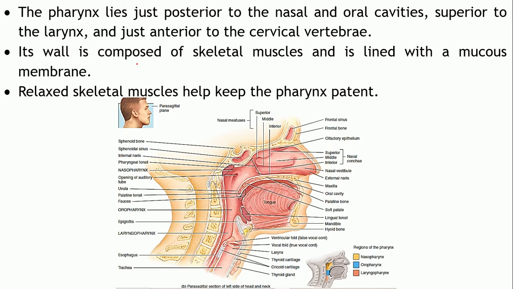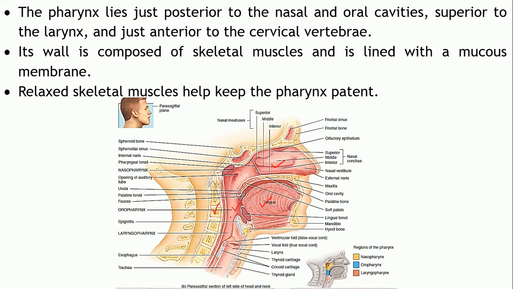As you can see, the location of the pharynx is just posterior to the nasal cavity and the oral cavities, and it lies superior to the larynx. So it's just above the larynx, which is the next part of the respiratory system, and anterior to the cervical vertebrae. These are your cervical vertebrae. So just anterior to that lies the pharynx. So that's the position of the pharynx.